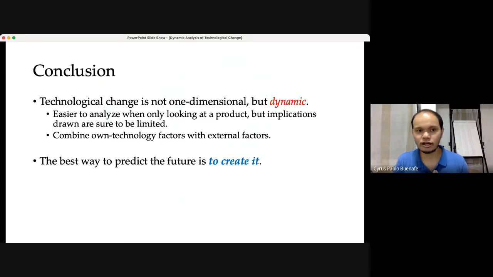And lastly, the idea here is that if you really want to predict the future, as they say, the best way to predict the future is to create it. And of course, the reason why we try to have some sort of 10,000-foot view of technological change was maybe we're just an observer. We're not the ones really in the forefront of technological change.